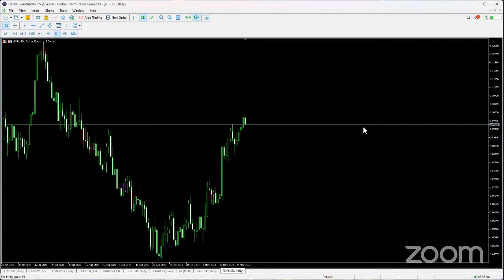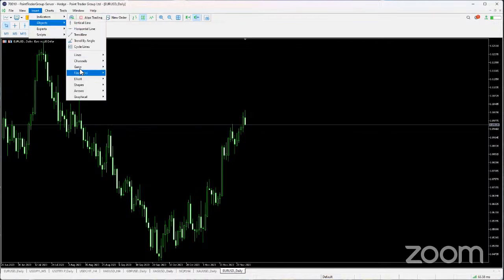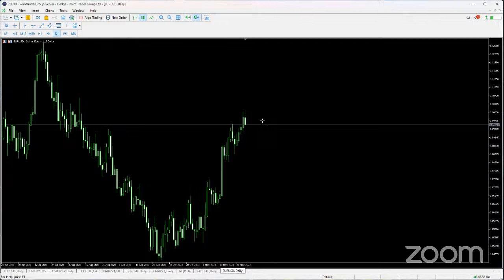Now, there are specific steps for you to follow. First of all, ask yourself one question: where is the current price of the market? Here is the price of the market right now.